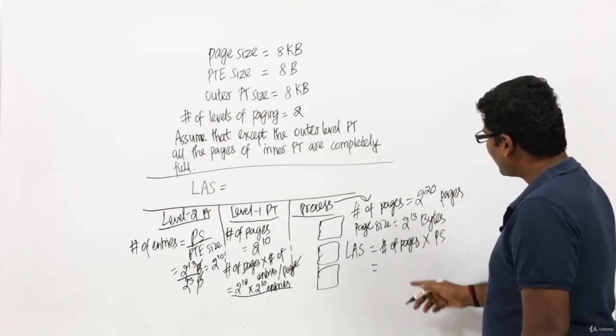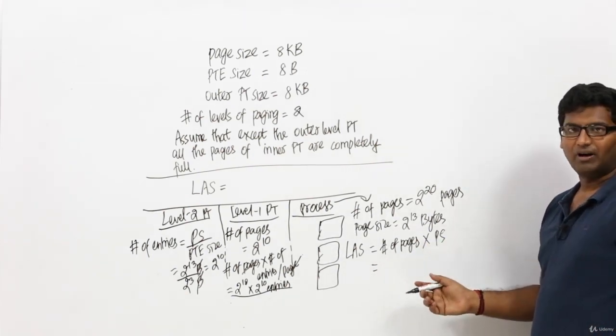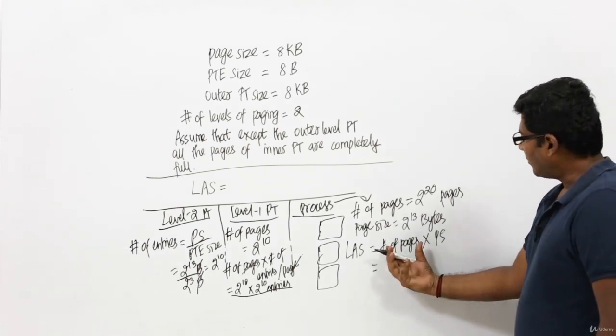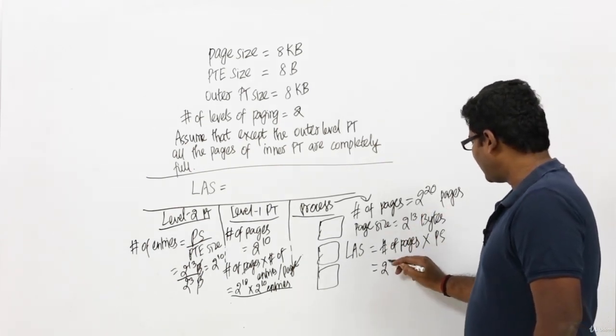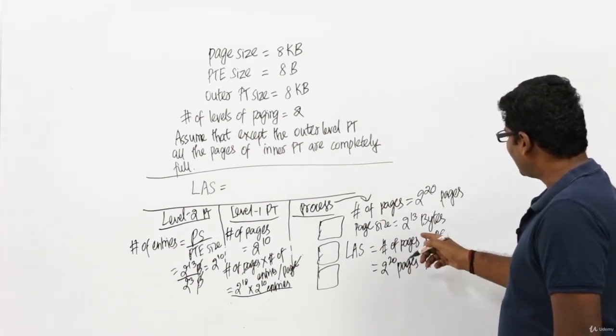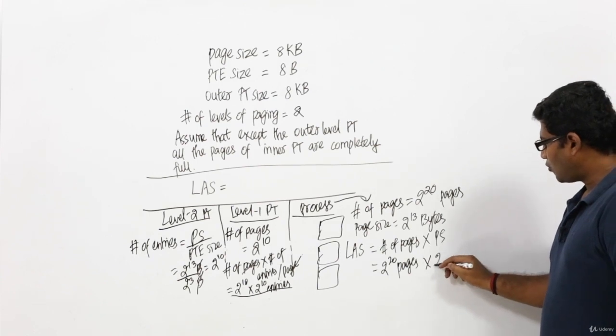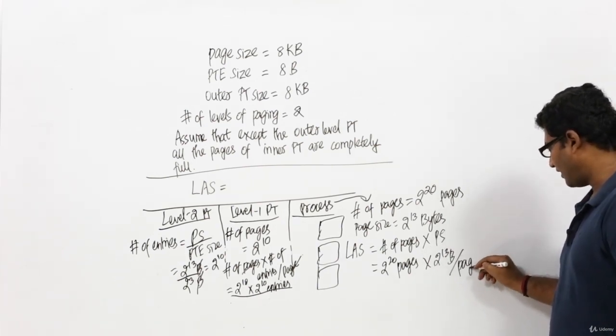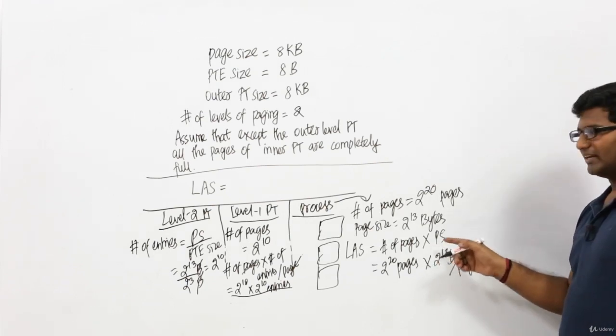This will give us the total size of our logical address space, or the total size of our process. See, the number of pages is 2 power 20, into the page size, which is 2 power 13 bytes per page, because we are speaking about a single page's size.